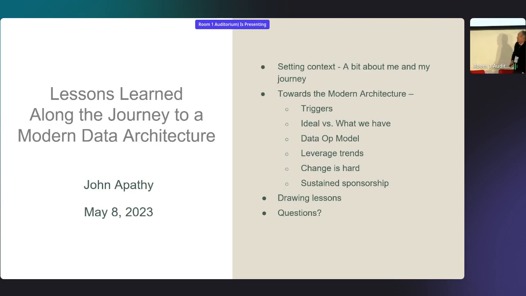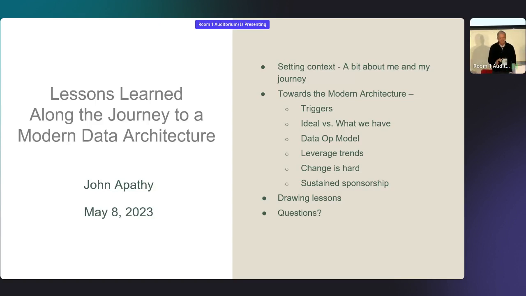I wanted to set some context, talk about the journey towards modern architecture, use some constructs like triggers and ideal versus what you have, data operating model as a construct. How do we leverage trends and follow trends? I've come to learn if you're fighting a trend, you're not going to make much progress.